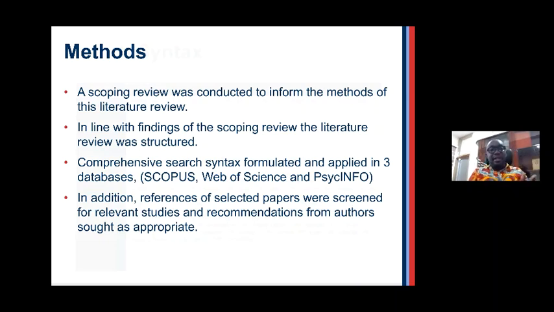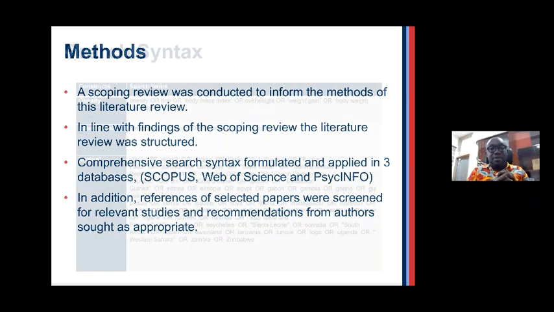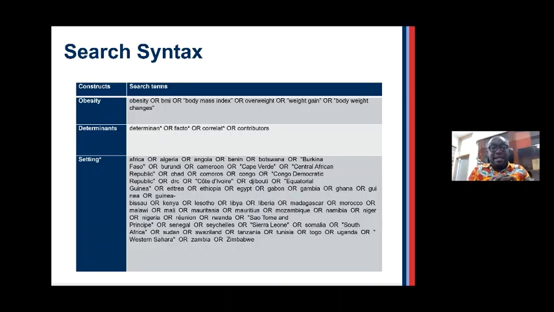On the screen now, I'm trying to share with you how the whole process of the papers was conducted using the databases. As you can see, our search terms were very clear: obesity or BMI, body mass index, or overweight, weight gain, weight, and changes. All the countries in Africa were the research setting areas.